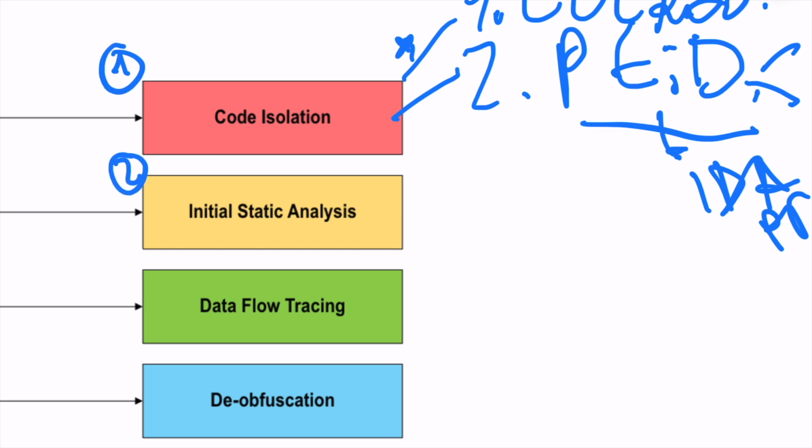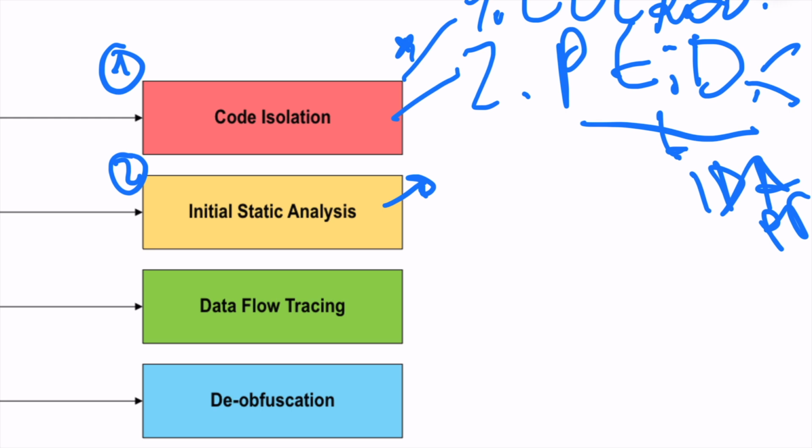The initial code analysis: you can use DeepCode AI to perform semantic analysis of the code base. This is a hybrid AI model that will identify obfuscation techniques such as junk code insertion or control flow randomization.